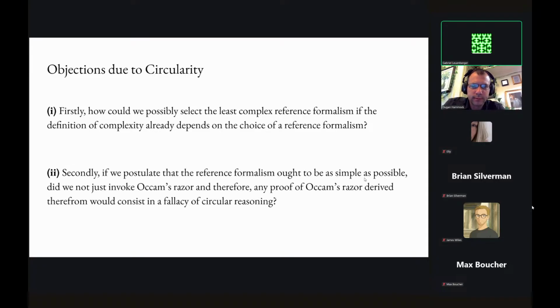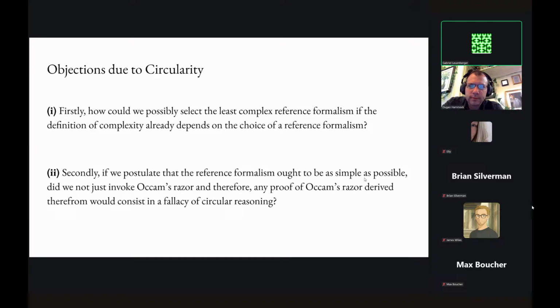And then secondly, if we postulate that the reference formalism ought to be as simple as possible, did we not just invoke Occam's razor, and therefore any proof of Occam's razor derived therefrom would consist in a fallacy of circular reasoning? The first one is more about circular definition, and the second one about circular logic.